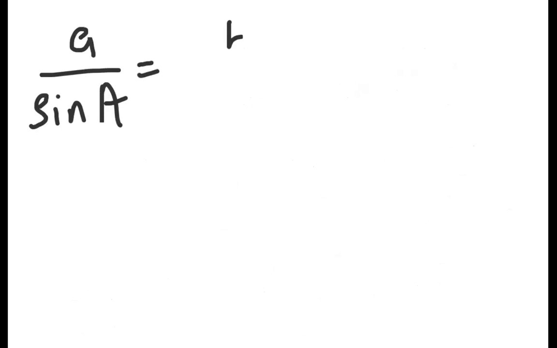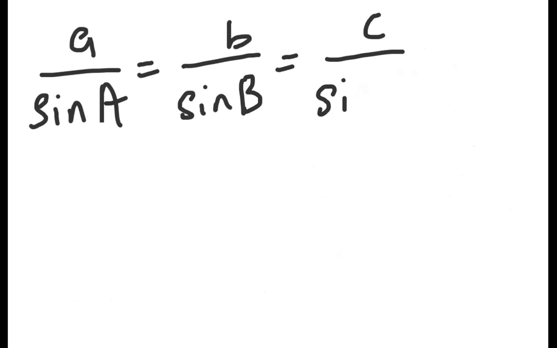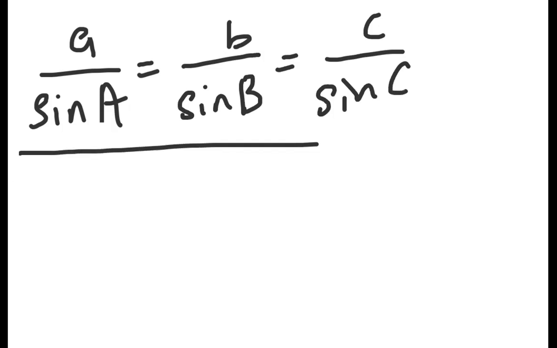Okay, now let's go on to the next formula. Trigo punya formula. Okay, this one is the sine rule. A over sine A is equals to B over sine B equals to C over sine C. This is the one that is the favorite among all of you, betul?